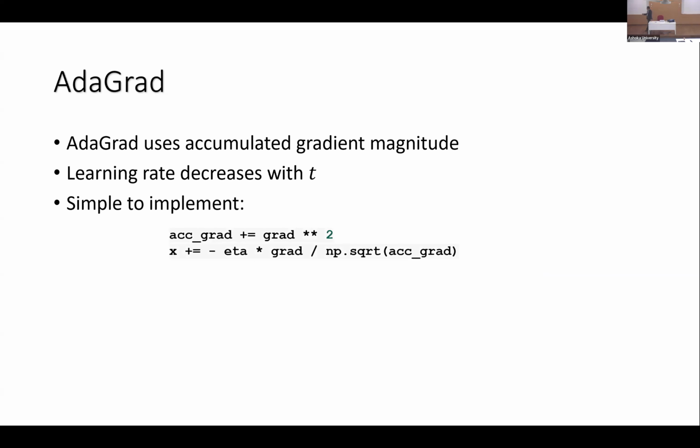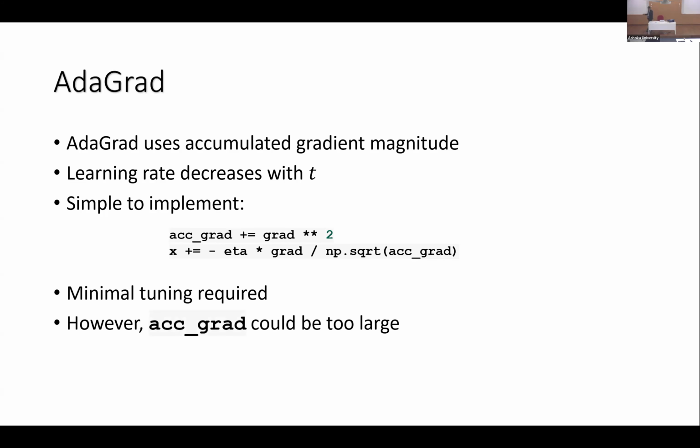You can start with acc_grad equal to epsilon, so that the epsilon term will also be there. Okay, so this is AdaGrad. As you can see, it is a small variation in terms of code, but it is seen to accelerate training in some scenarios.